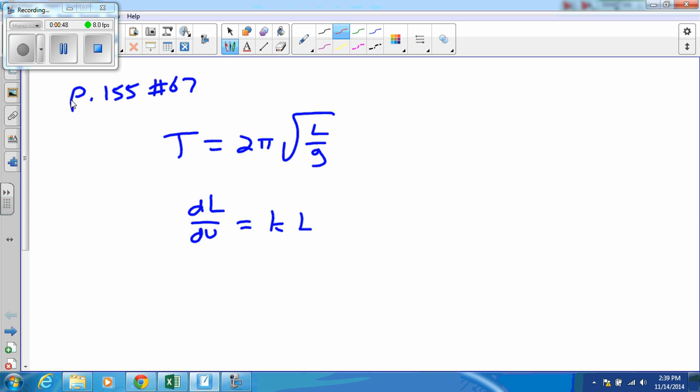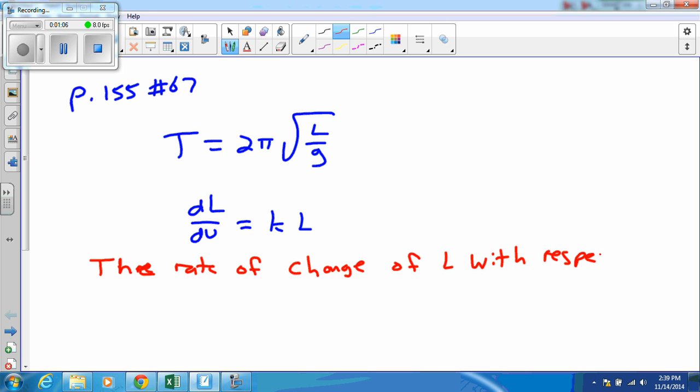This language, by the way, we're going to see very commonly, so let's see how the language relates to the math that's written. The rate of change of L with respect to U, that's this guy right here.